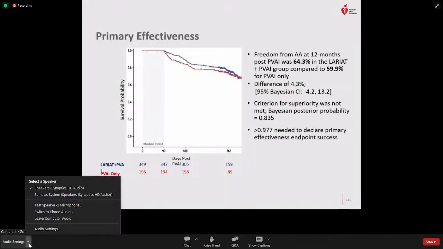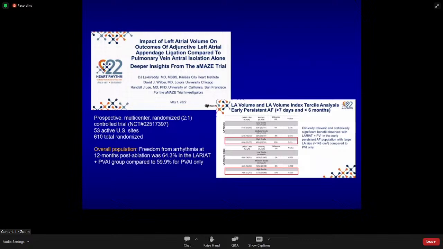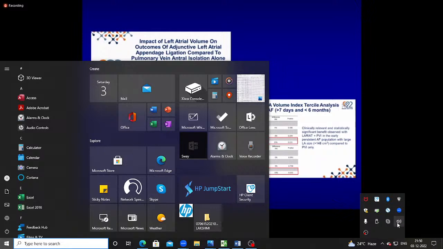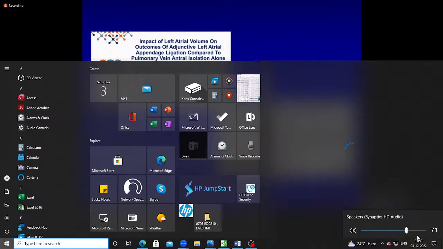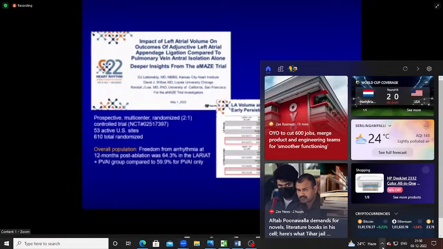Despite being considered a negative study, when you look at the group of patients with left atrial dilatation, there was a benefit. And this was a preset sub-analysis that was part of the study design, so it was not just a post-hoc analysis.